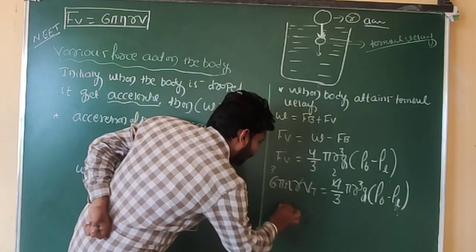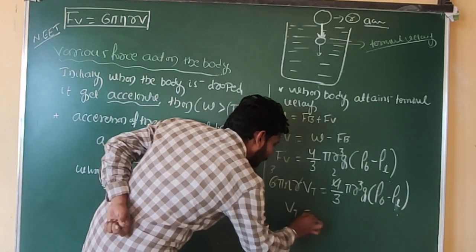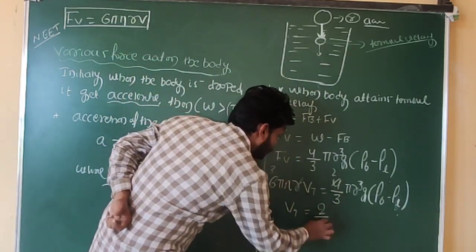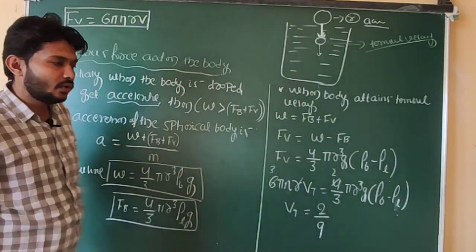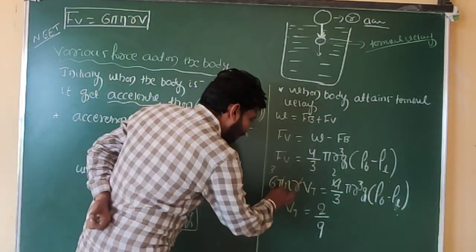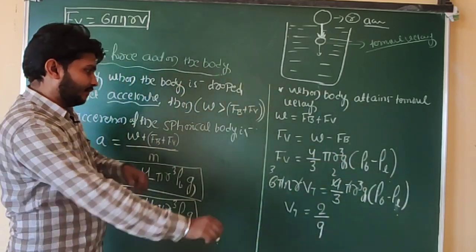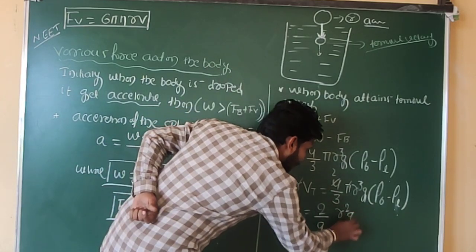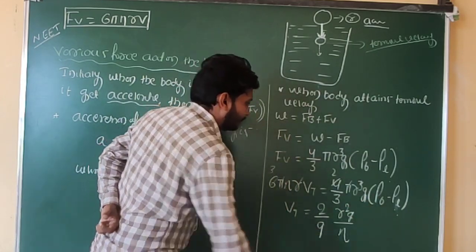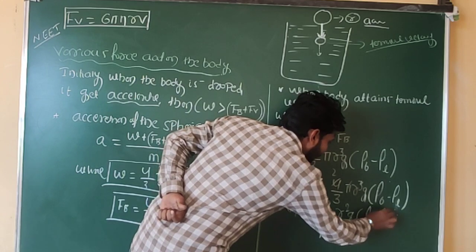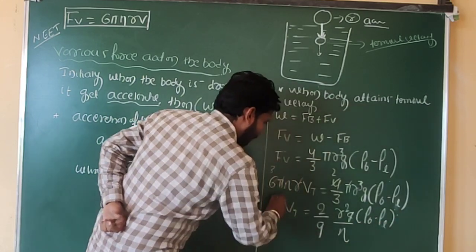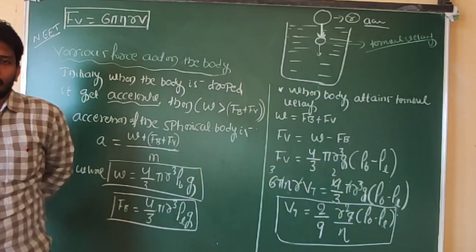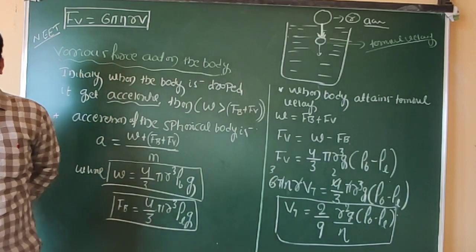So the terminal velocity formula: V of t is equal to 2 by 9, the pi term gets cancelled, r square into g divided by eta, into rho of B minus rho of L. This is the required formula for the terminal velocity. So this is about Stokes law.